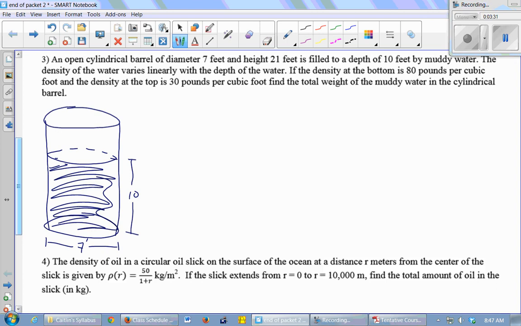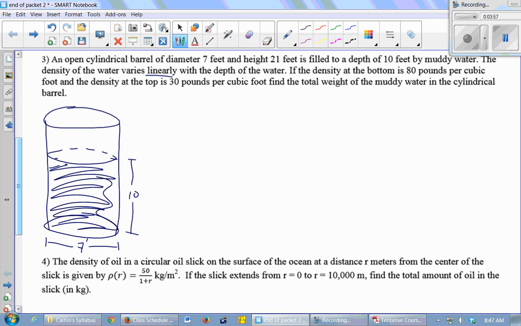Okay, but the density of the mud in the water is not uniform throughout the whole thing. If we took a big stir and stirred it up, it would be uniform for maybe a minute, right? And then the mud tends to settle at the bottom. So we're going to say the density of the mud in the water will vary linearly with the depth of the water.